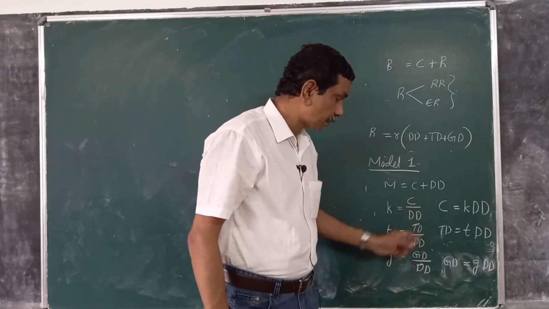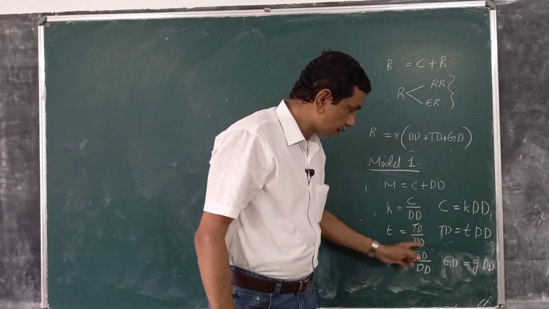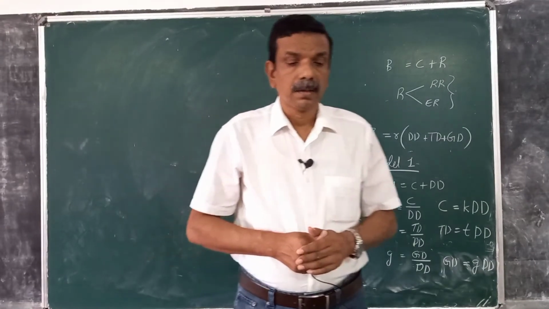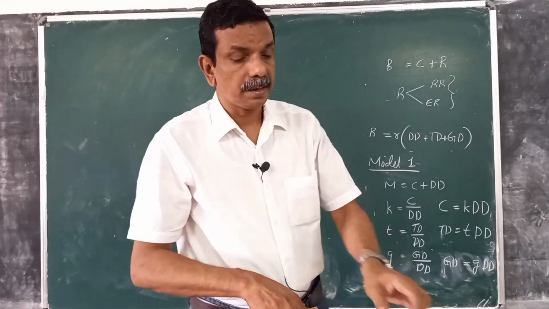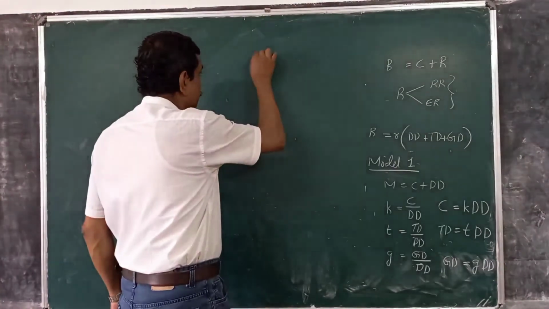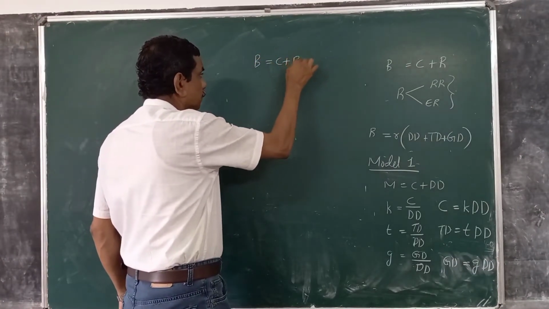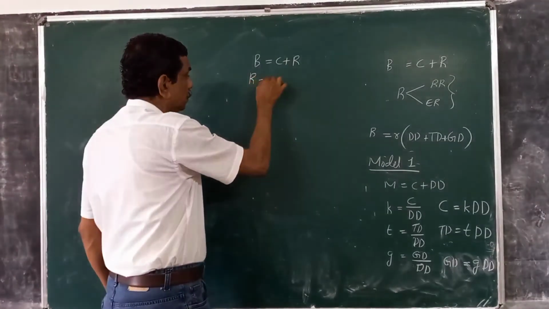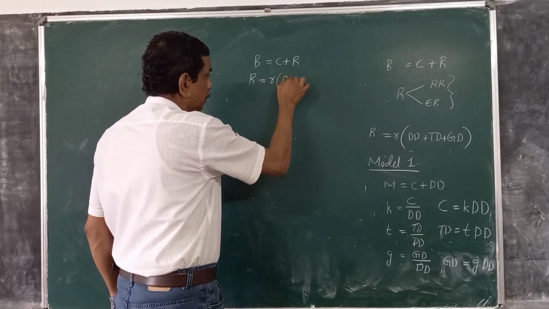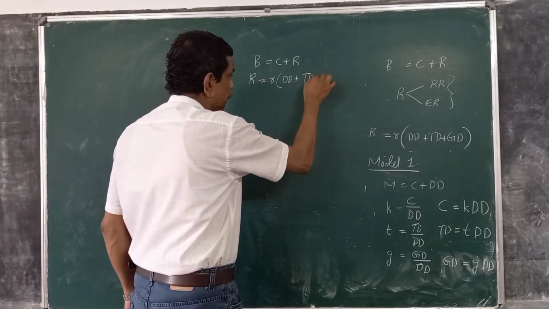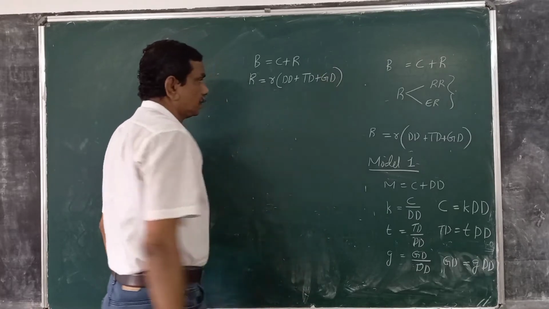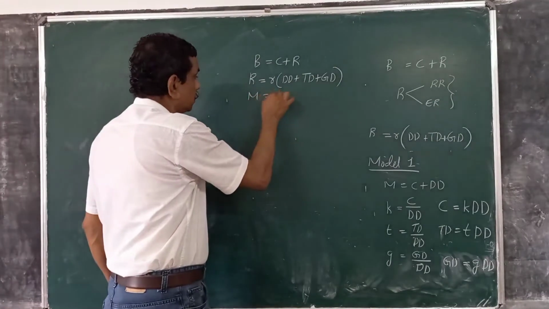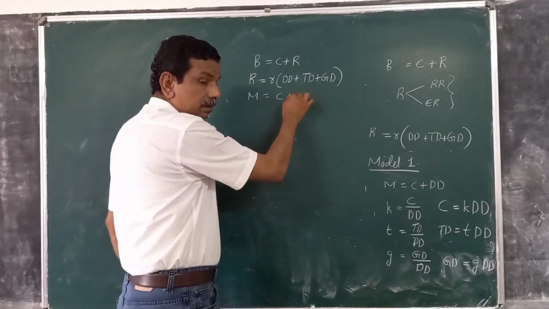Currency demand deposit ratio, total deposit demand deposit ratio, government deposit demand deposit ratio. Now, we express these relations as B is equal to C plus R. R is equal to R of DD plus TD plus GD. M is equal to currency plus demand deposits.